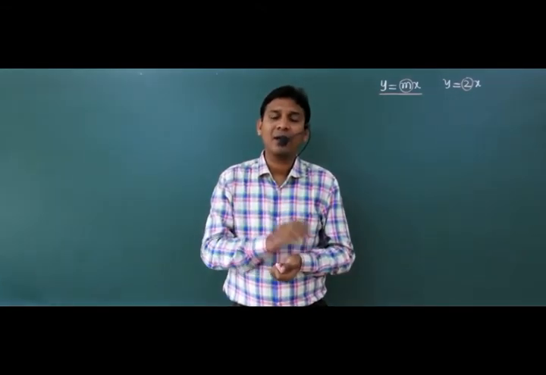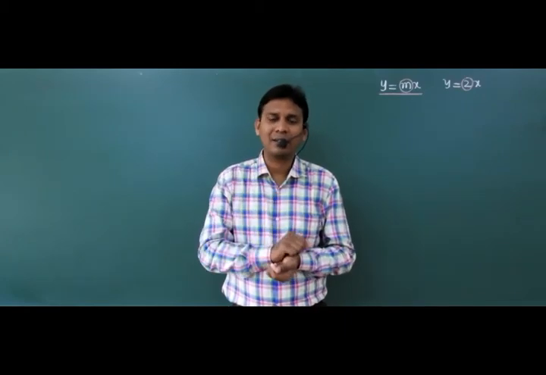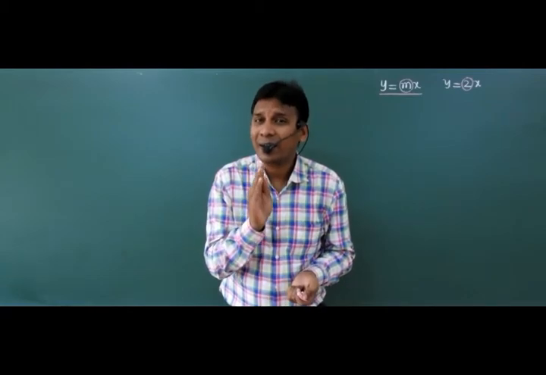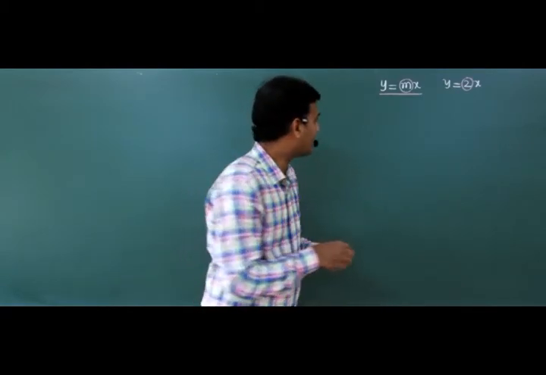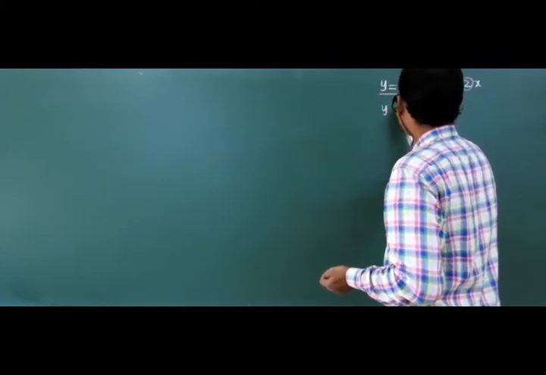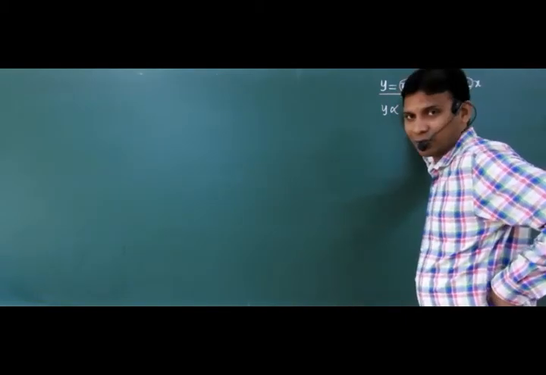Listen carefully. In physics, any two quantities which are directly proportional to each other. For example, shall I write like this? Y proportional to x. By removing this proportionality, we introduce a constant.